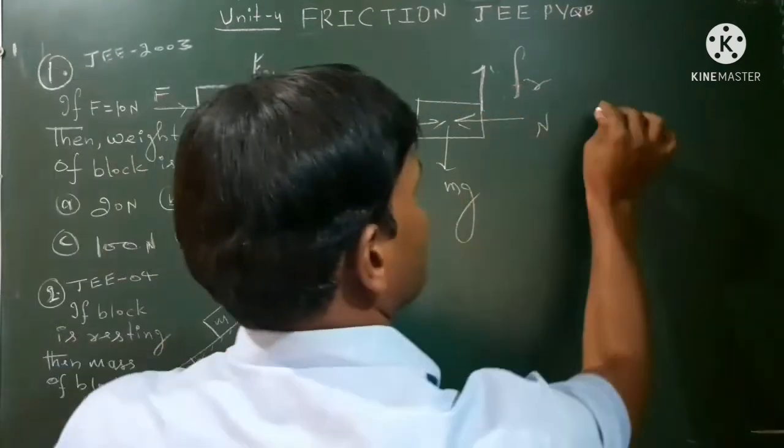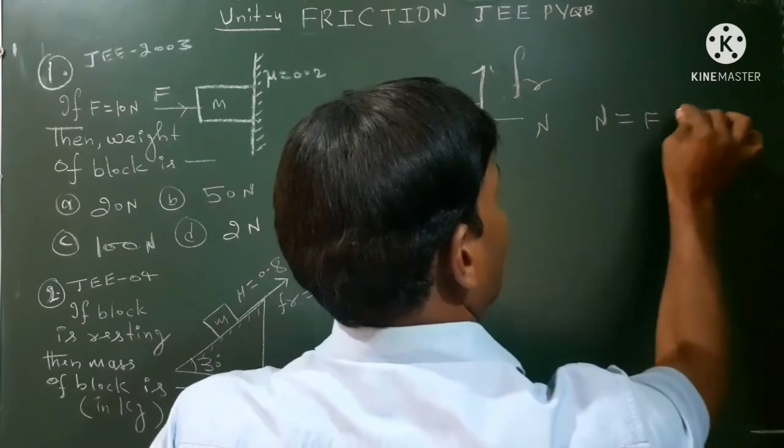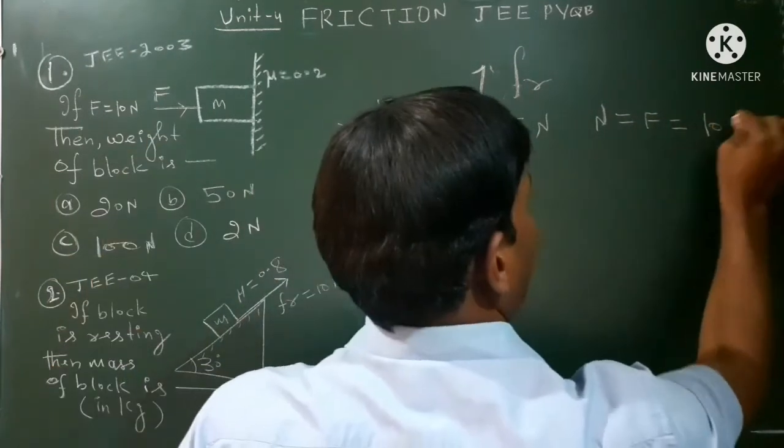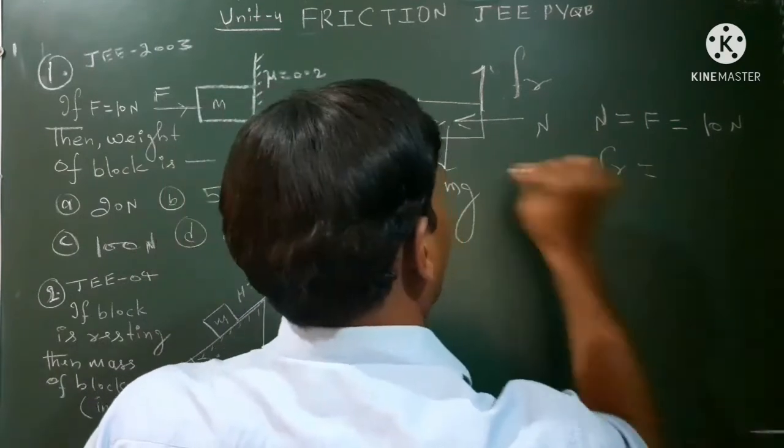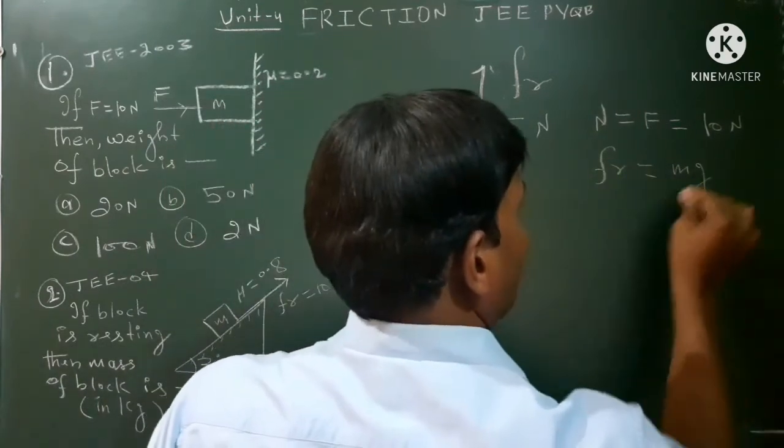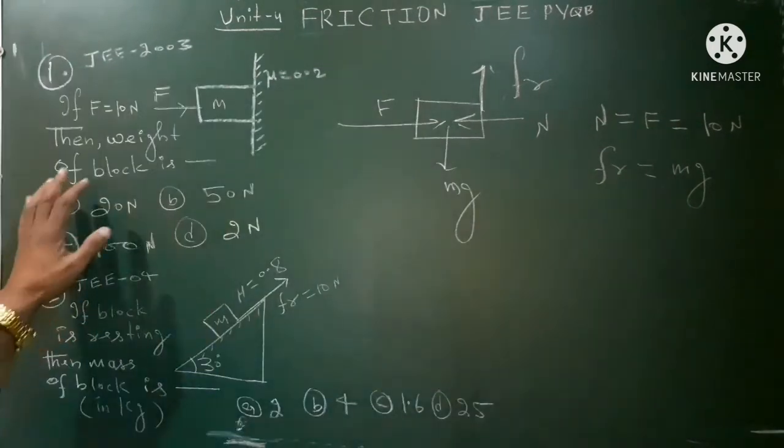There is no motion, so N must be equal to F, which is given as 10 Newton, and Fr must be equal to mg, the weight we need to calculate.